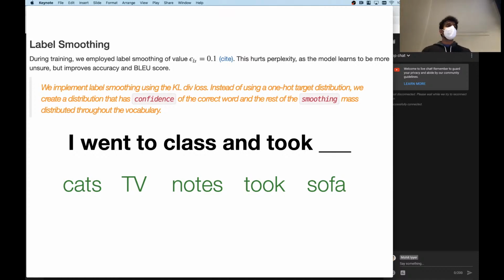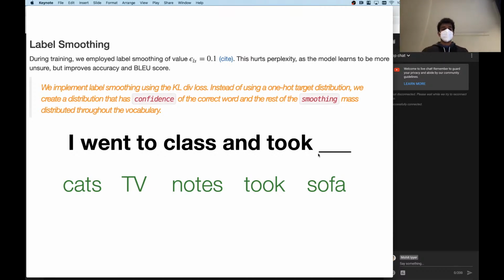And we talked about how this is the maximum likelihood estimate, but it may not make sense all the time, right? Is there another word that makes sense in this context? "And took drugs," right? That is a syntactically correct sentence, even if it's unlikely. But you wouldn't want to assign 0 probability to it because it's still a valid sentence.